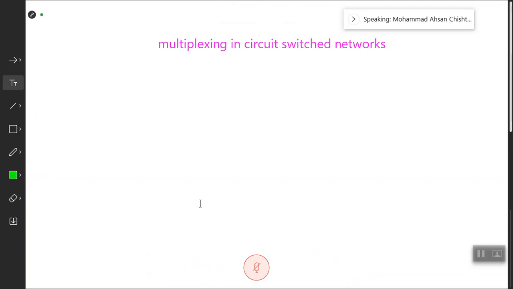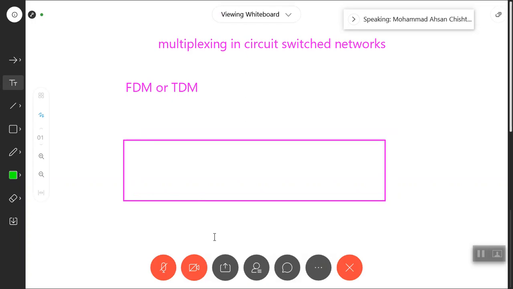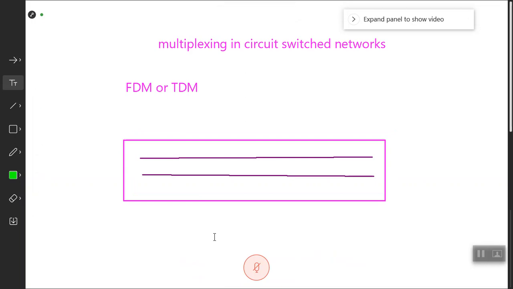What is FDM and TDM? FDM is frequency division multiplexing, in which, let's say I have this link. Within this link, I divide the frequencies in such a way that I get different channels.